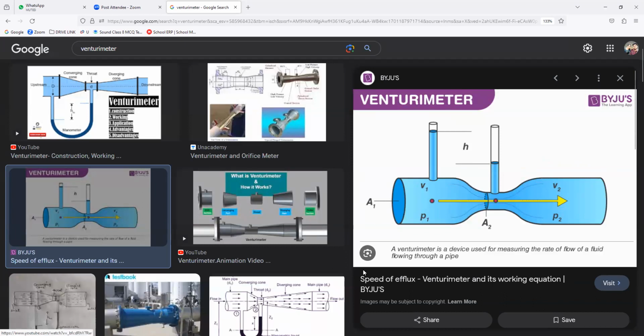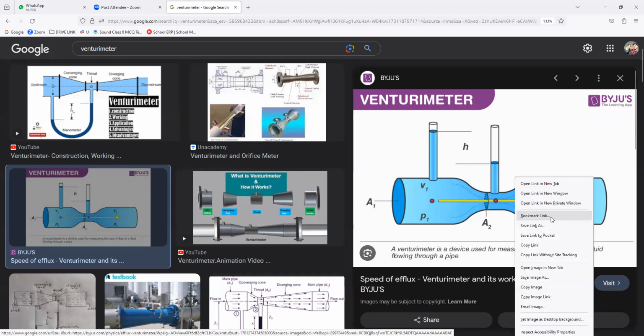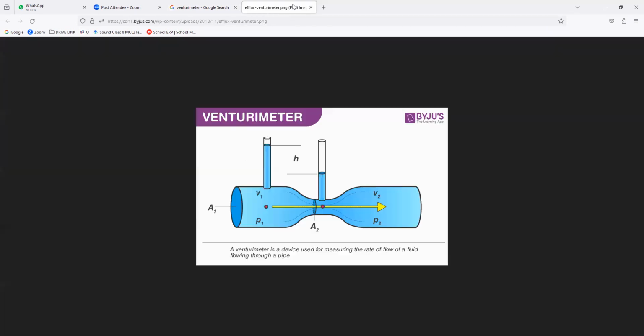With this example, I don't even need to draw a diagram. With this itself, I can teach you all the concepts. So we'll use this image itself and solve with it.